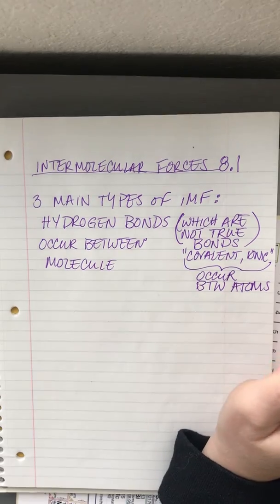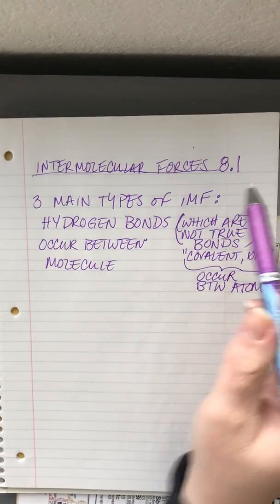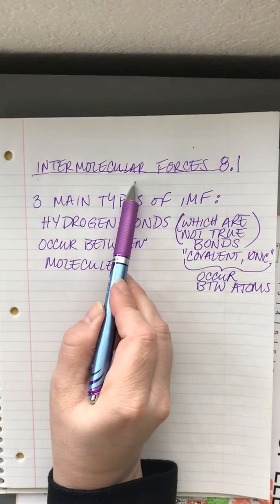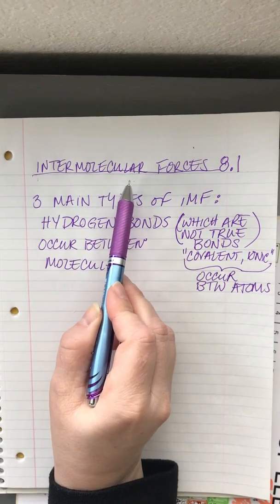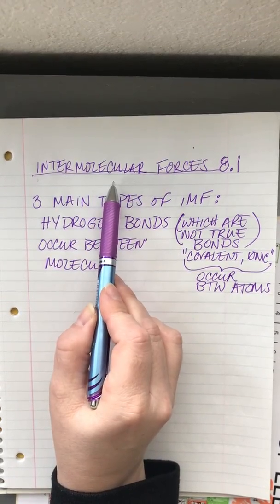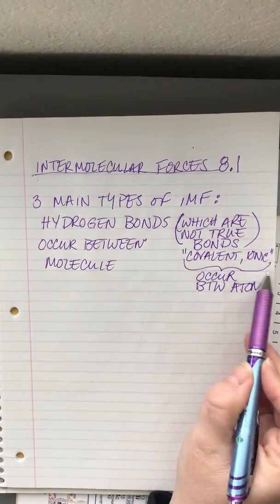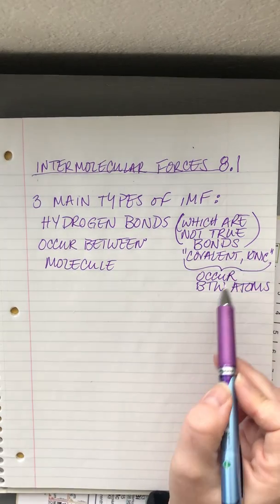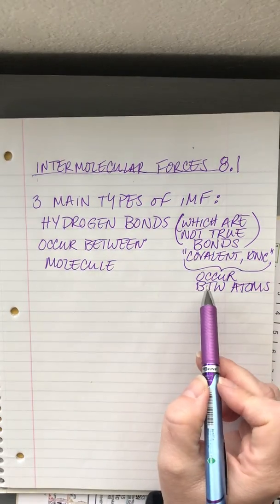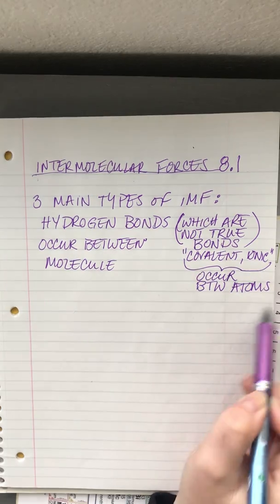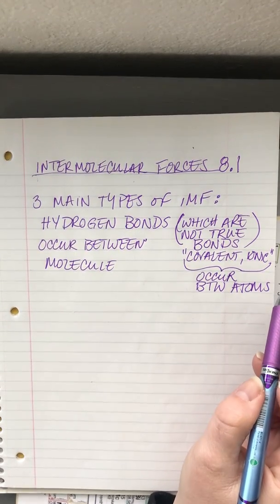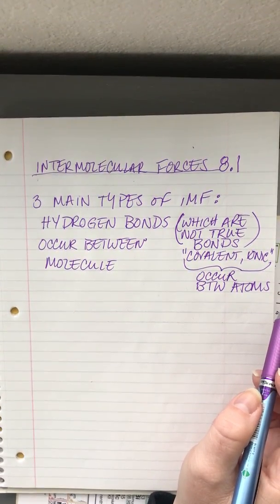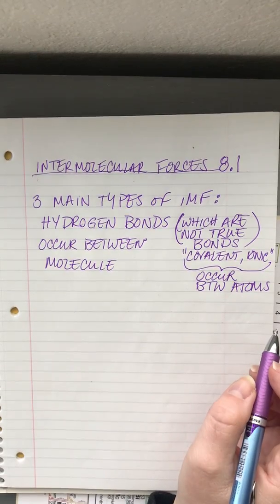Does that make sense, guys? So when we're talking about intermolecular forces, we're saying that these are the forces between molecules. These bonds, covalent and ionic, are the forces that keep atoms together in a molecule, right? Does that make sense, guys?